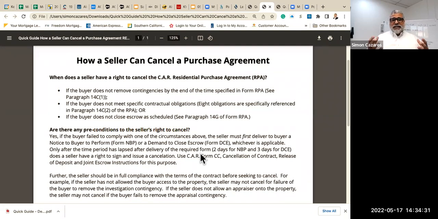This is what makes transactions dynamic. The purchase agreement is a very exciting form for me, because you can do a $10 million offer, a $15 million offer, or a $500,000 offer. This is the heartbeat of what we do.